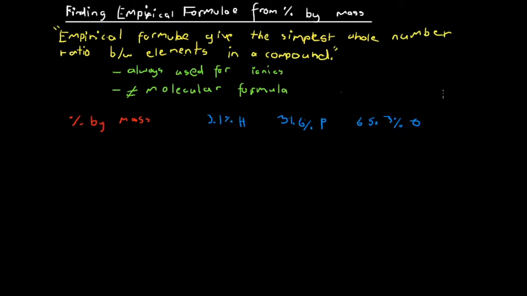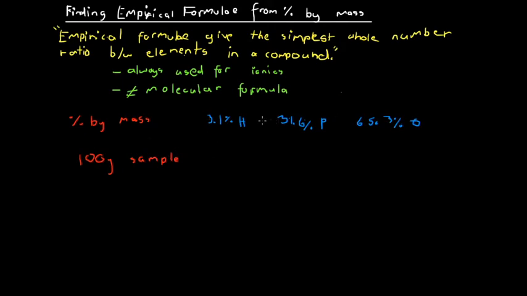Now, percentages can be a little bit confusing, and we want to convert this to an actual mass so that we can get on to the molar ratio. The best way to do that is to consider a 100-gram sample. We choose 100 because percentages revolve around that number and it makes everything easy to work out. So we work out the number of grams of each of these elements in a 100-gram sample of this compound.